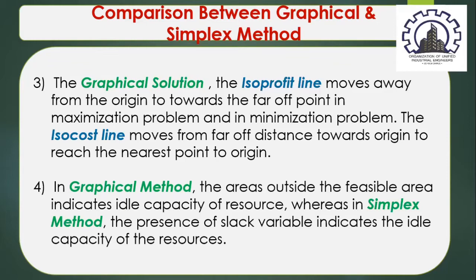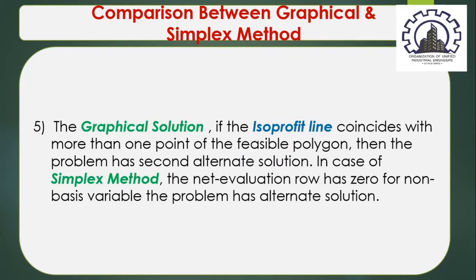And finally, the last comparison, in graphical solution, if the isoprofit line coincides with more than one point of the feasible polygon, then the problem has second alternate solution. In case of simplex method, if the net evaluation row has 0 for non-basis variable, the problem has alternate solution.